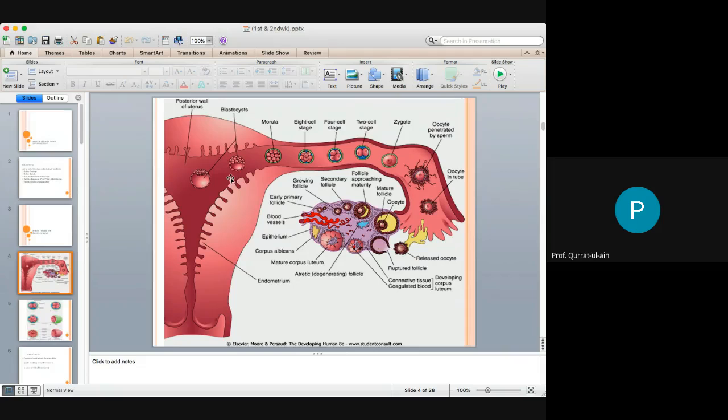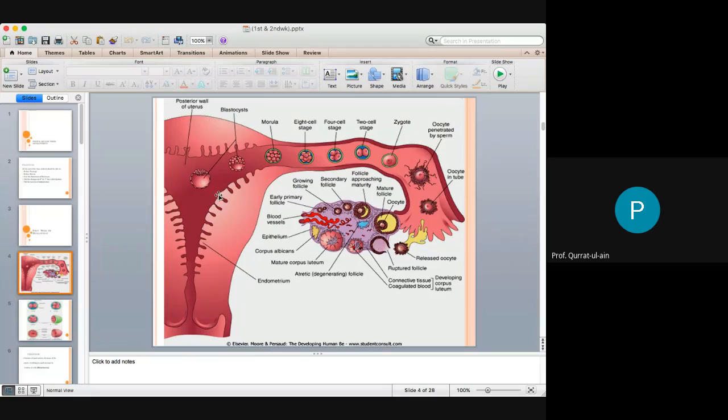Now they are arranging. As the fluid moves in, a small cavity is created inside, and that cavity fluid is known as the blastocyst cavity. And the cells are arranged into groups. One is forming the outer border, and the other one is in the form of a compact mass. This is blastocyst.